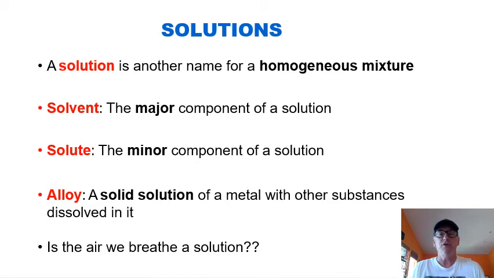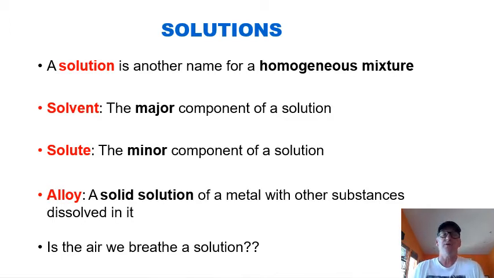So solute is the lesser component of a solution. So if we make a solution of sugar water, like, say, simple syrup or something like that, the majority of the components in that solution is water, and the minority of it is going to be the sugar. So we'd say that the water is the solvent and the sugar is the solute.